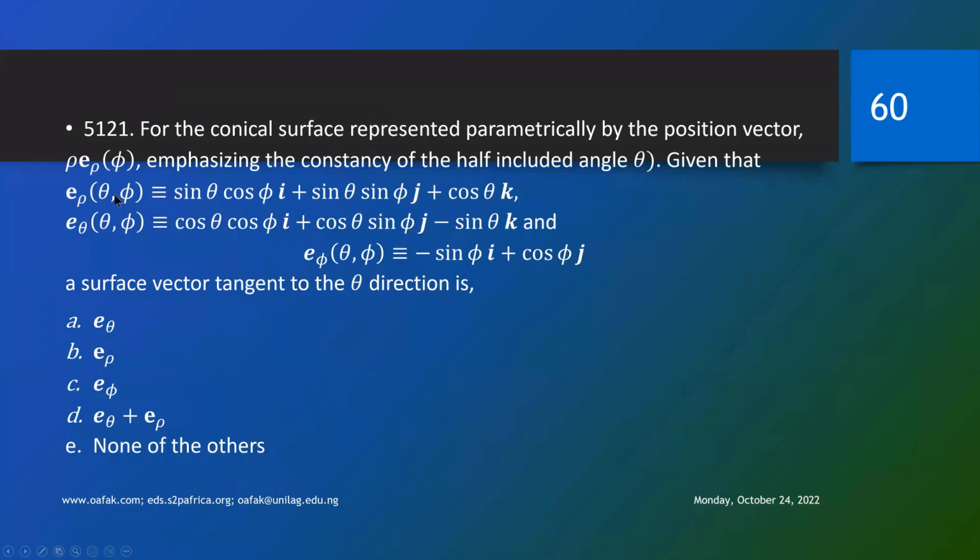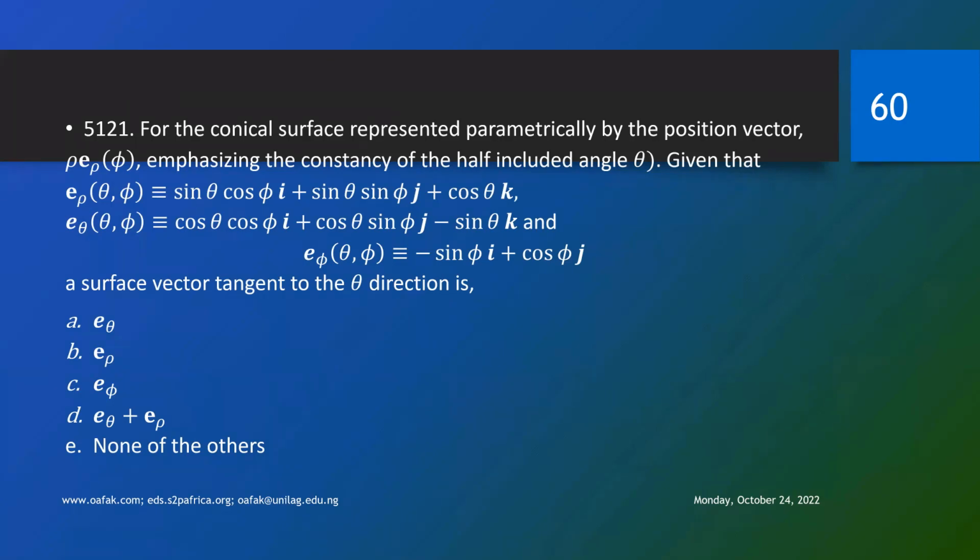So generally speaking, E rho is a function of theta and phi, but on the surface of the cone it is a function of phi only. These three equations are the general equations for E rho, E theta, and E phi, but on the surface of the cone, E rho of phi is the correct thing. There's no contradiction there, as long as you are limited to the surface of the cone.